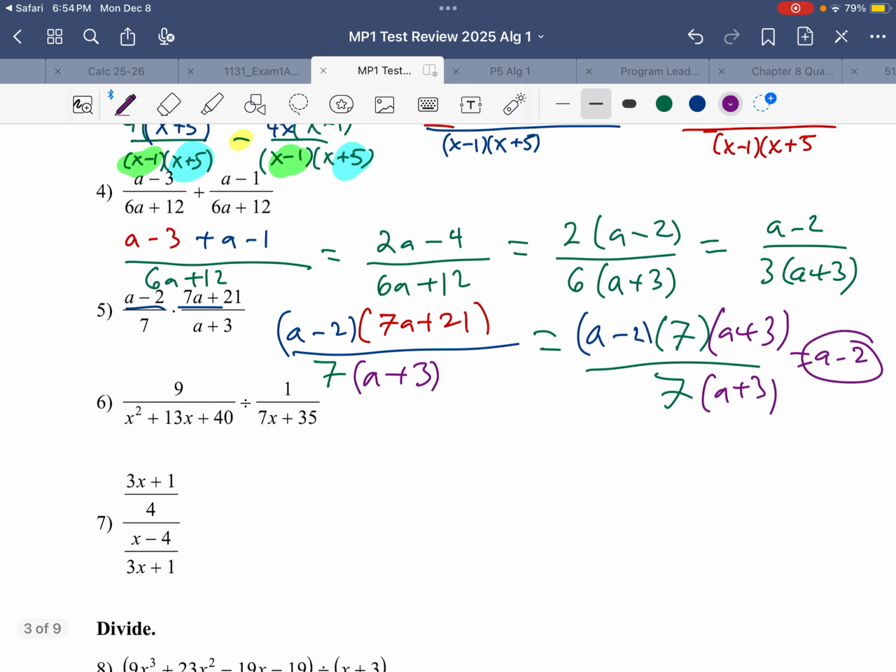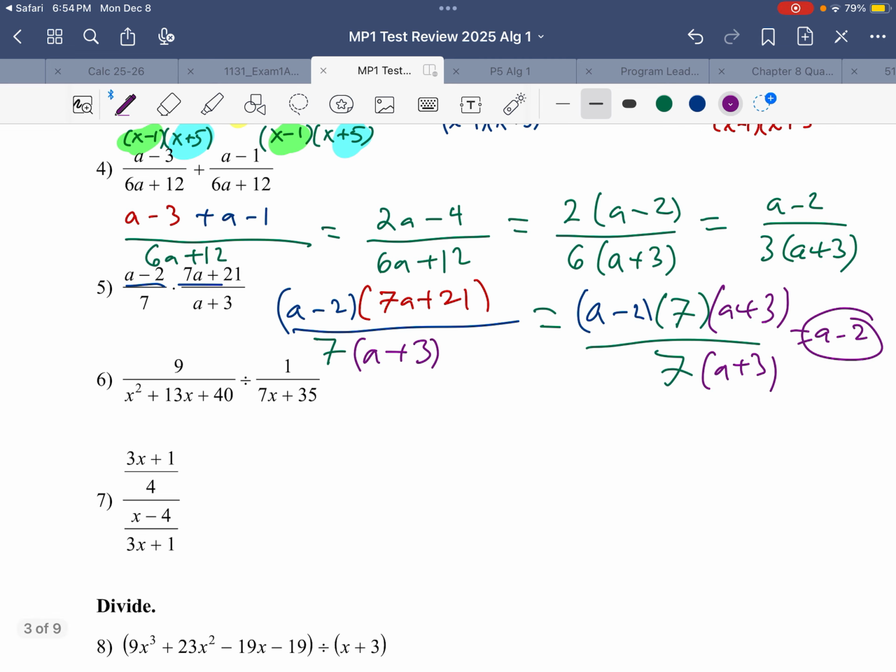All right, in both 6 and 7, I did not do this on purpose, we are dividing, right? A fraction divided by a fraction. For number 6 and 7, we can multiply by what the least common denominator would be if we were trying to get rid of the fractions.